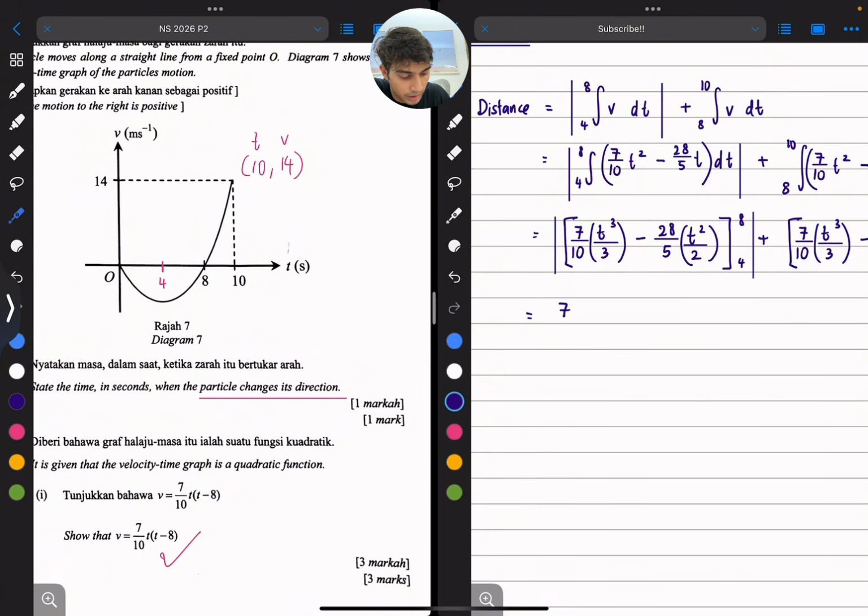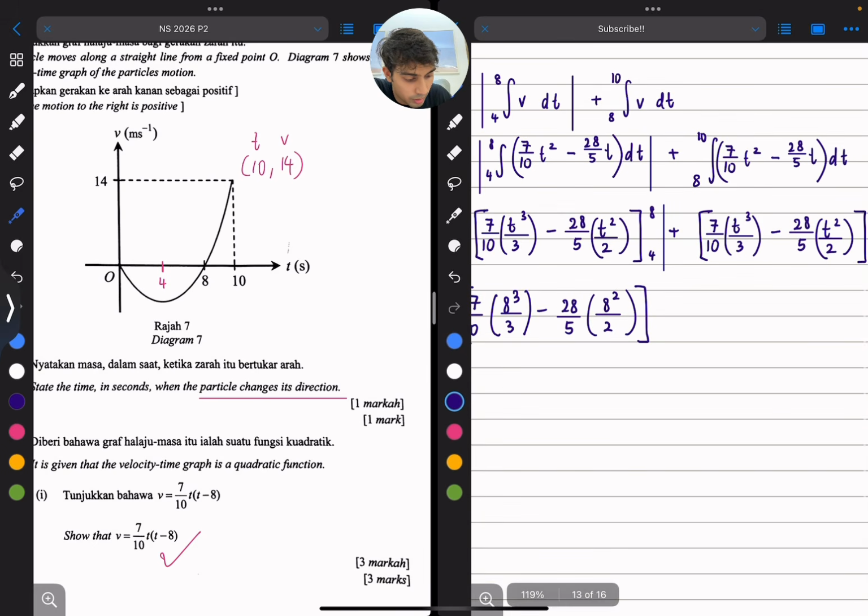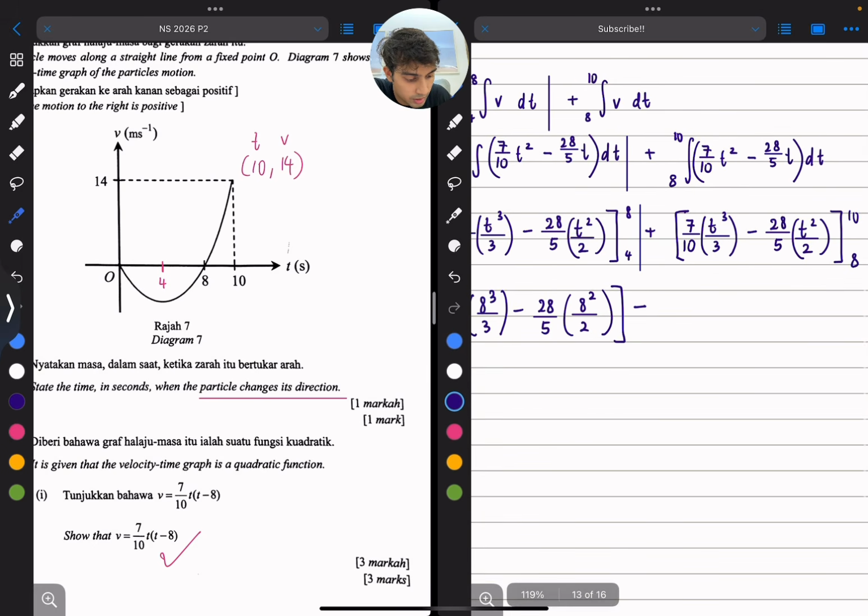So 7 over 10, 8 cube over 3 minus 28 over 5 times 8 square over 2 minus 7 over 10.